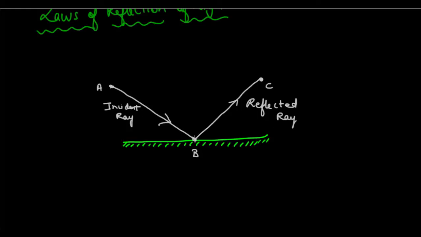Now, between the incident ray and reflected ray, at the point of reflection, this point B, through this we assume a perpendicular imaginary line.